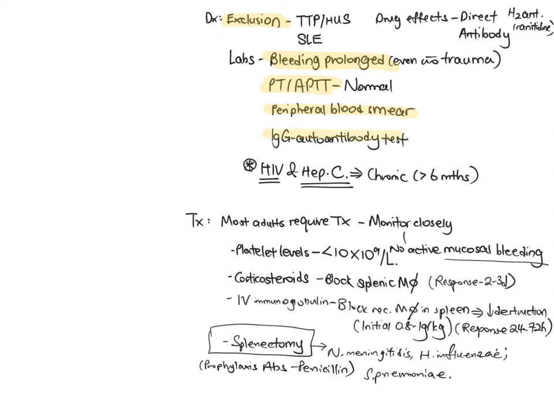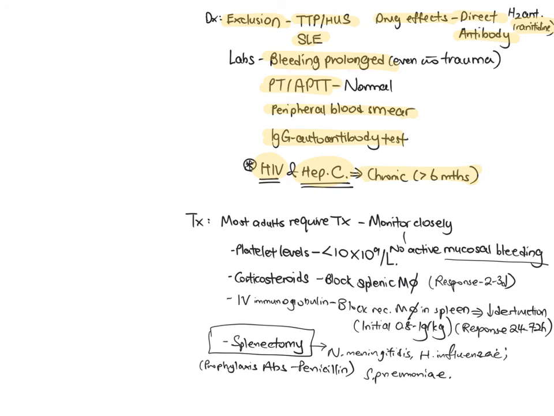You can also perform an IgG autoantibody test. It's important to rule out associated conditions like TTP, HUS, and SLE, and also rule out certain drug effects, like direct effects of drugs, as I mentioned before, ranitidine, and also antibody-mediated effects. It's also important to do HIV and Hep C tests, especially when patients have chronic ITP, which is more than 6 months.